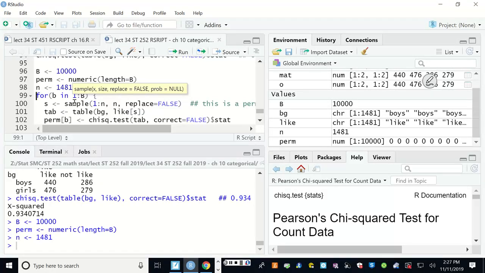A permutation can be implemented like this. We're going to sample the numbers 1 through n, so 1 through our sample size, as many times as our sample, with replacement equals false. So we're going to take all the numbers and just pick them until they run out. In the end, they're going to be in a random order. And so the like of that new order is the like column randomly permuted.